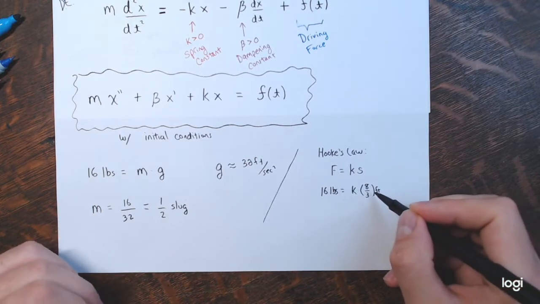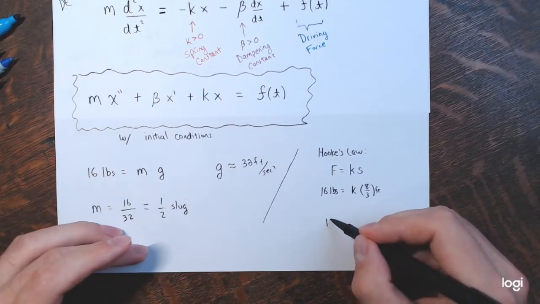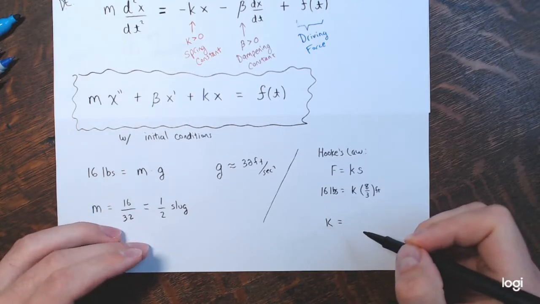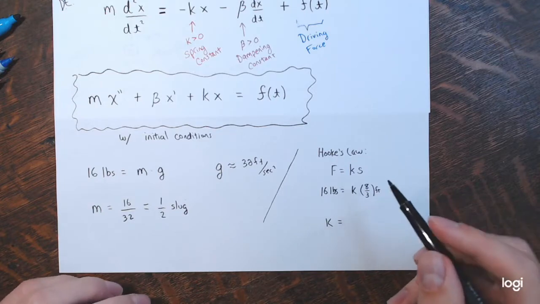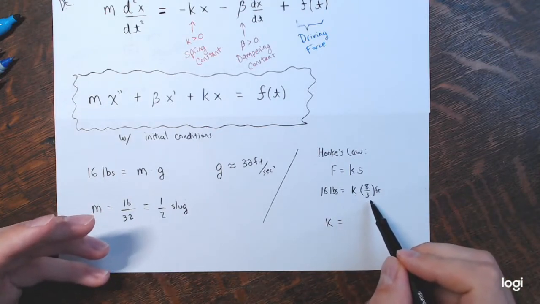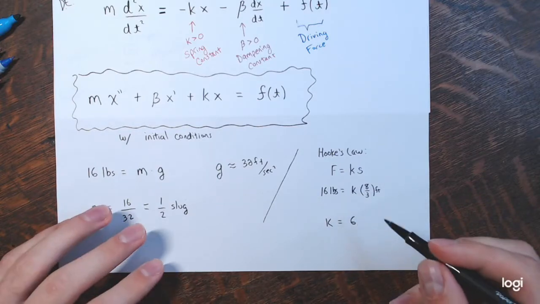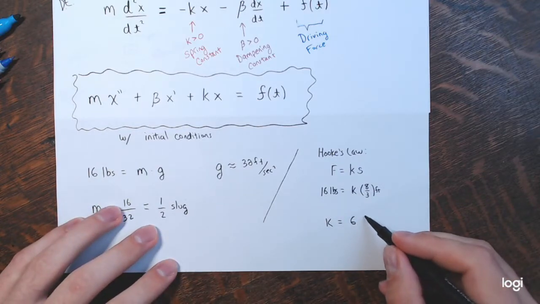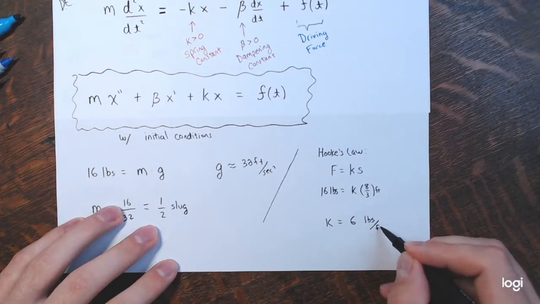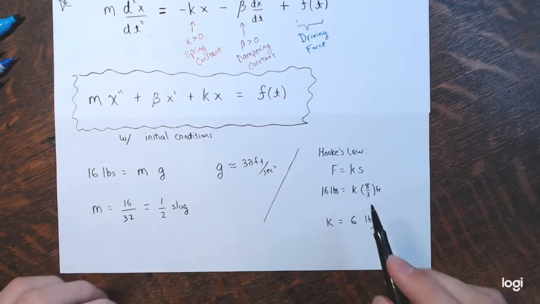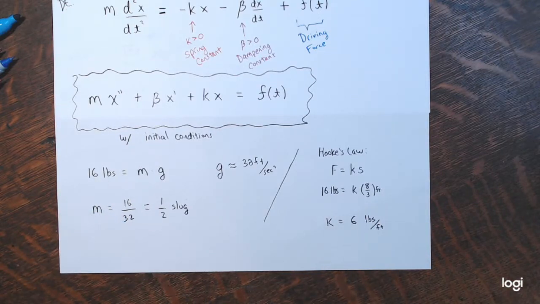And I divide by 8/3 feet and we get our spring constant, k. Now dividing by 8/3 is times 3/8, so that would be 6, right? Because 8 goes into 16 twice, times 3 is 6. This is 6 pounds per foot, but just 6. There's the spring constant coming from Hooke's law.